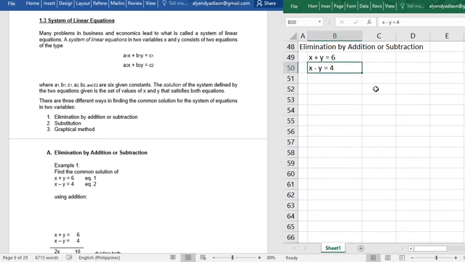So what we are going to do is either to add or subtract. Now let us first start with addition.